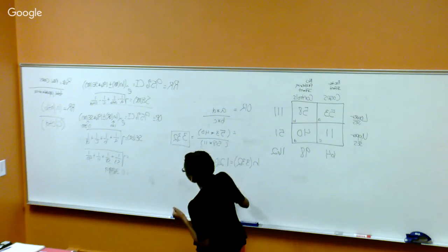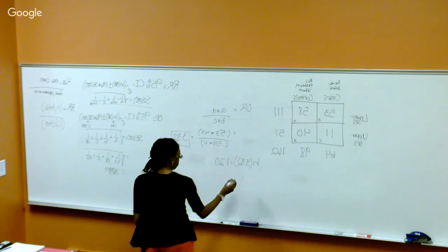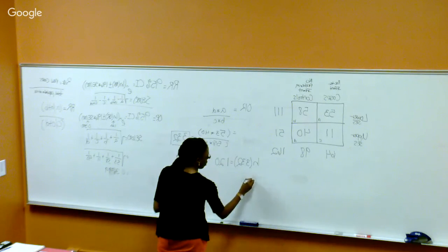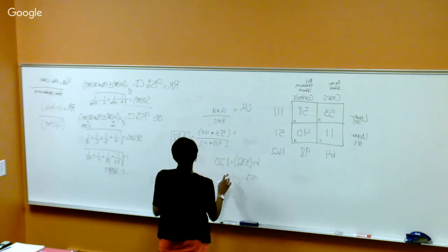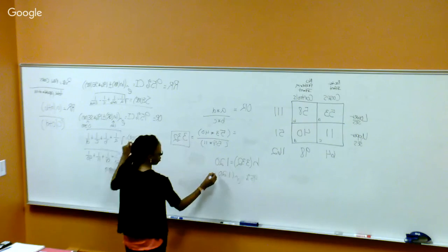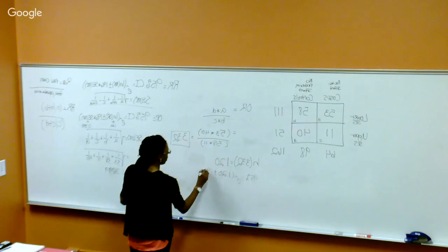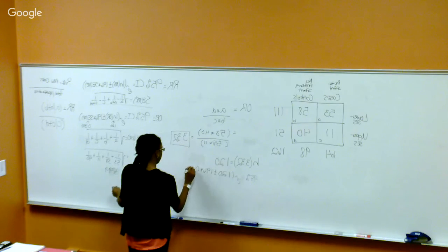So I'll just rewrite it over here. So we've got this is 1.2 plus or minus 1.96 times 0.389, 0.3899.